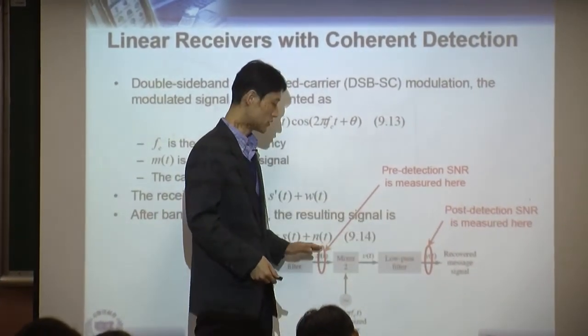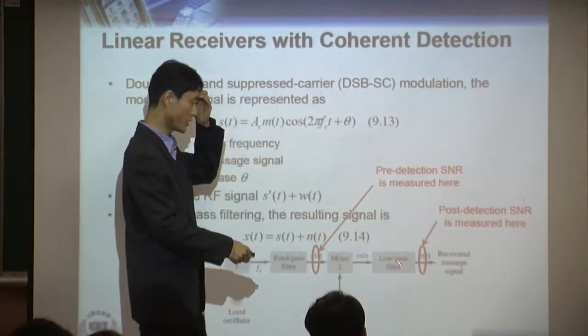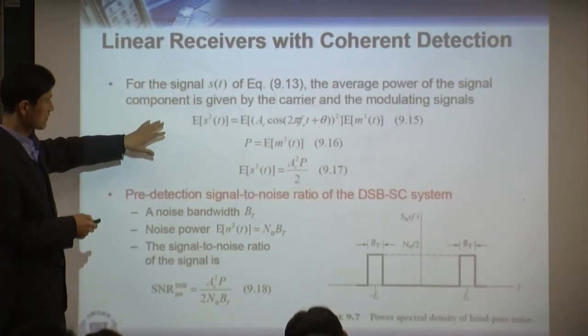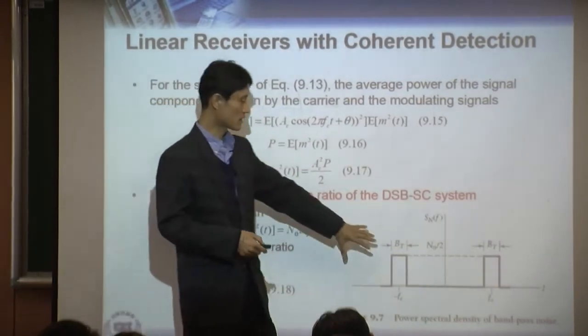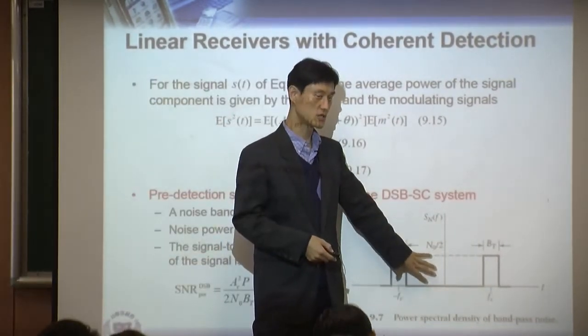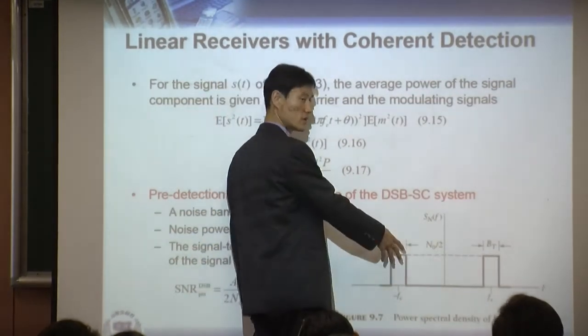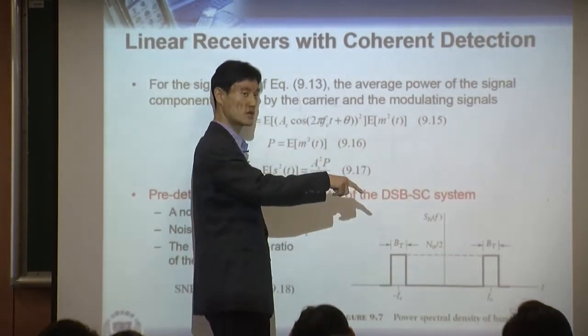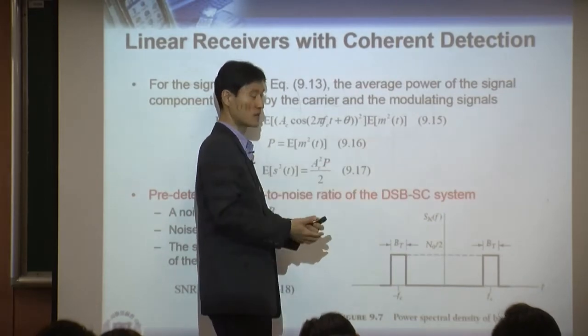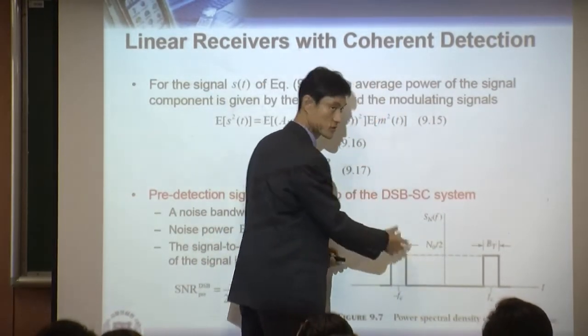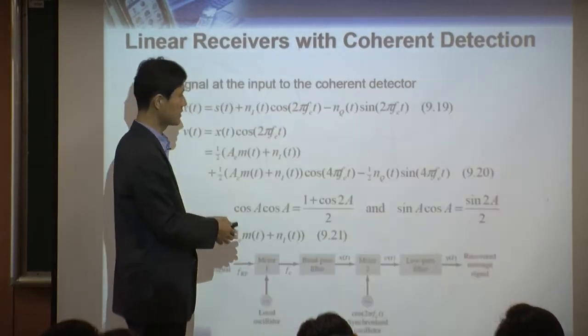So noise also goes through all this demodulation process. So once you do that, noise is not like this anymore. This is a passband. Eventually, this noise also goes into the demodulation, right, and becomes baseband. So noise will come in here again because we need to change it to baseband.